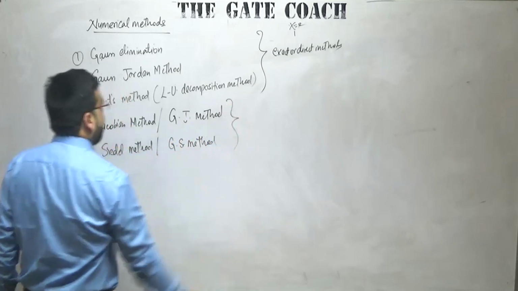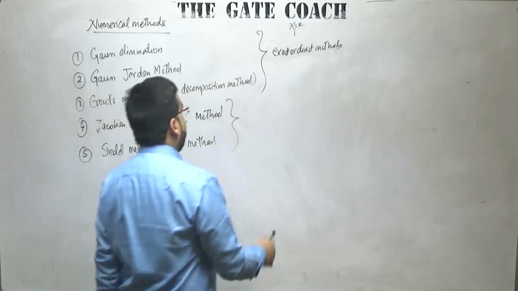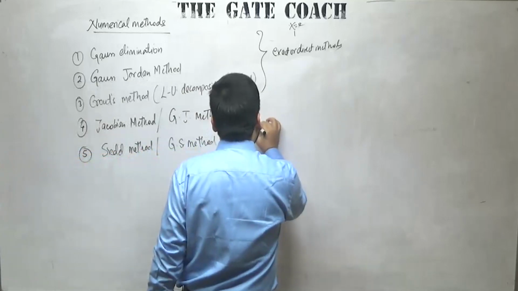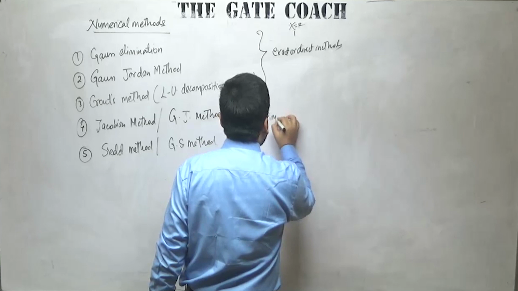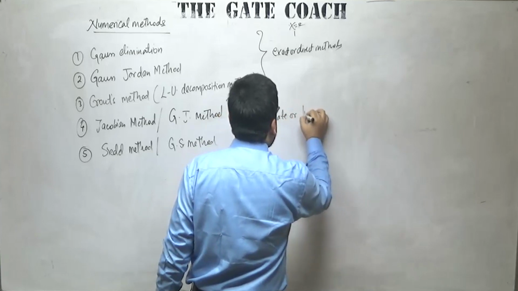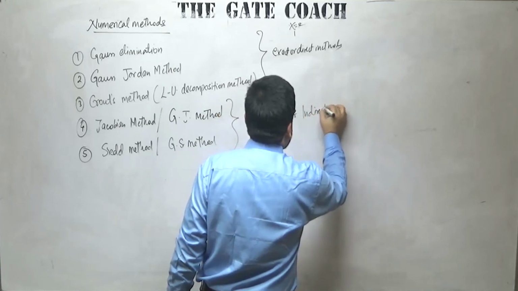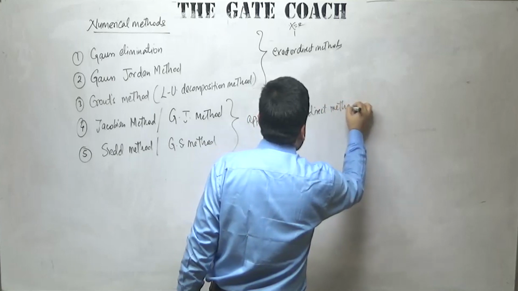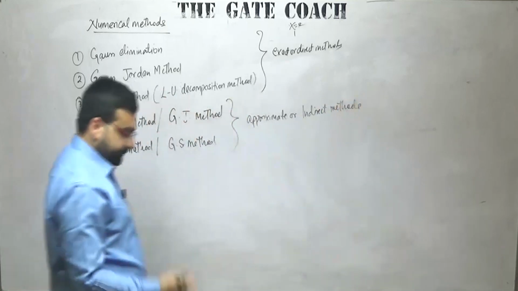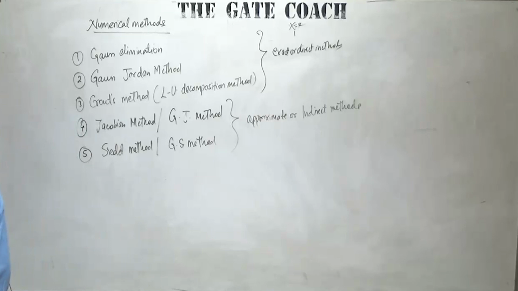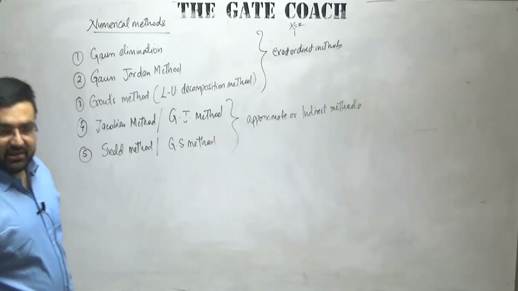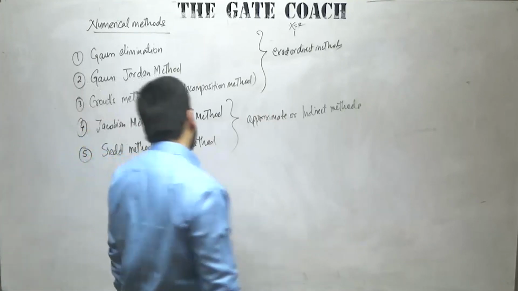These two methods are called the indirect methods or approximate methods. These methods we have already discussed in the previous classes in the revision.